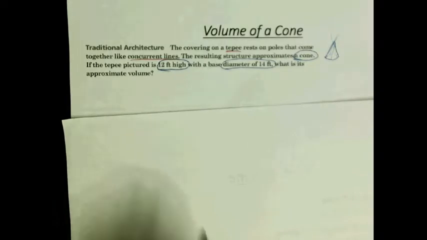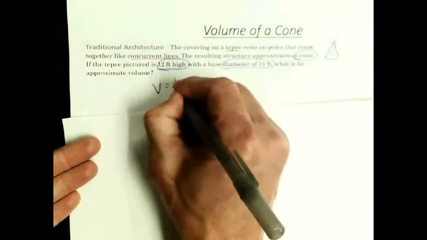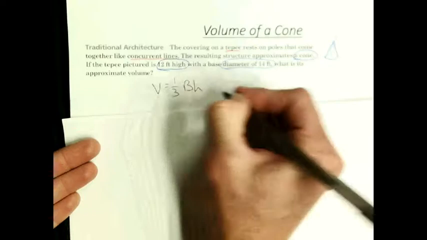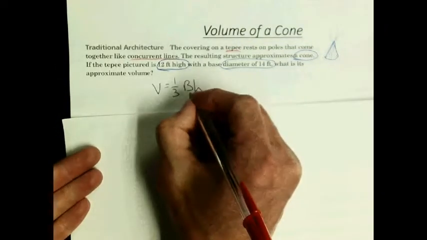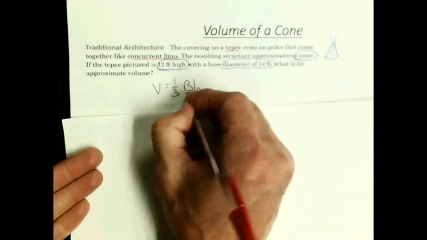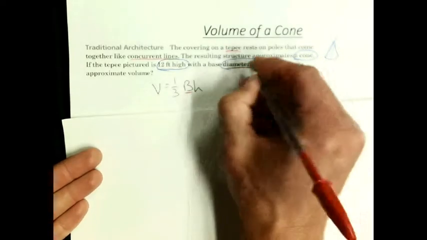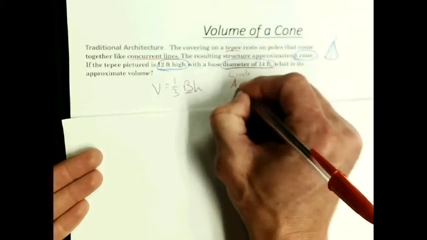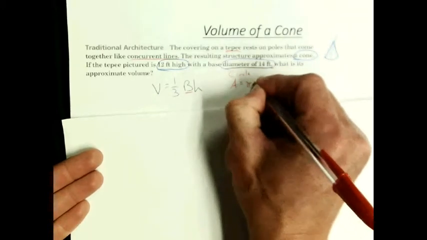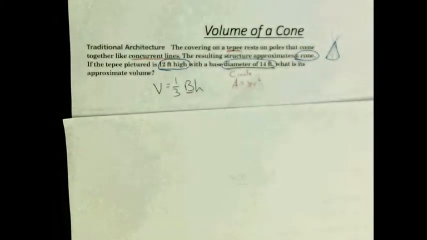Okay, so again, we're dealing with volume. And I know that we're dealing with a cone, but we're still looking at the same type of thing. The volume is 1/3 the area of the base, but in this case, the base is a circle. And we have to remember the area of a circle is pi times the radius squared.